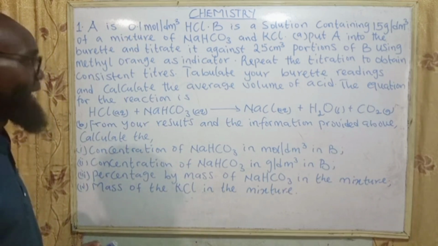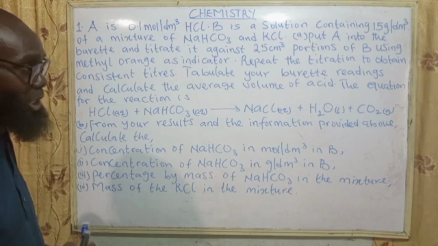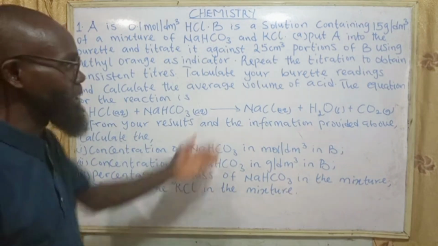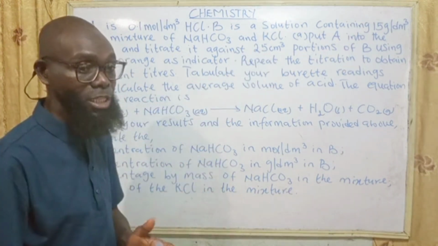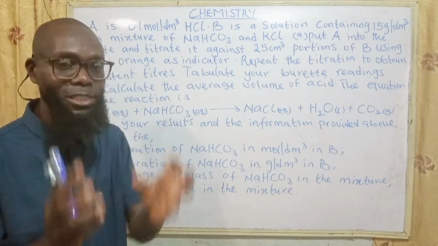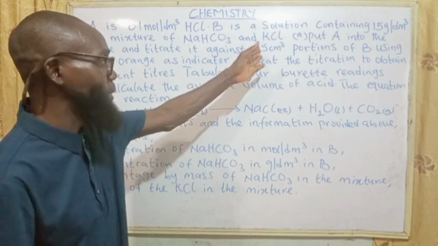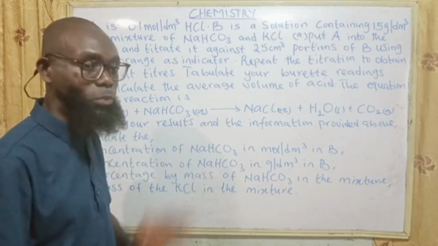A. Put A into the burette and titrate it against 25 cm³ portions of B using methyl orange as indicator. In this place, WAEC will put 20 cm³ or 25 cm³, depending on the burette your school is using. If your school is using 20 cm³, you pick the volume to be 20 cm³. If your school is using 25, you pick 25.